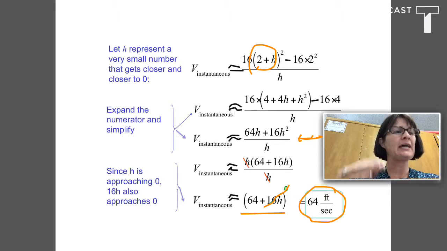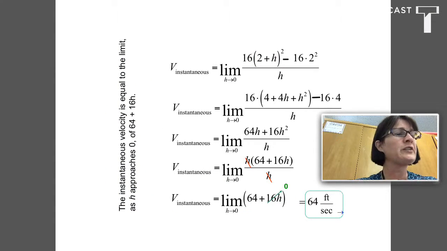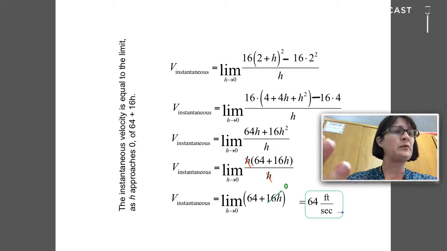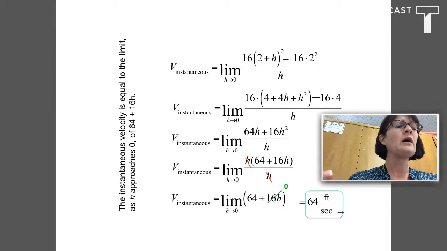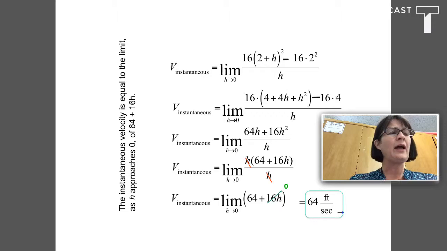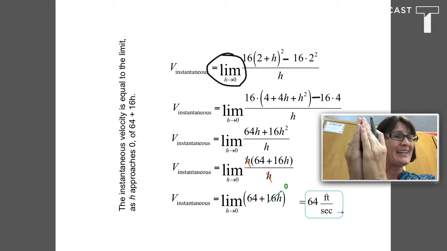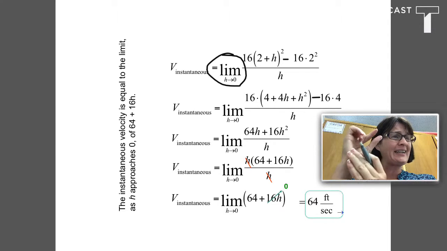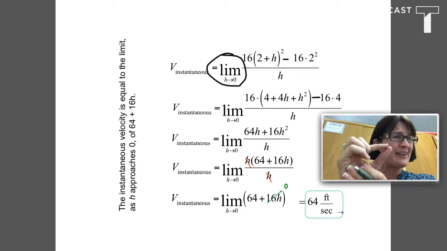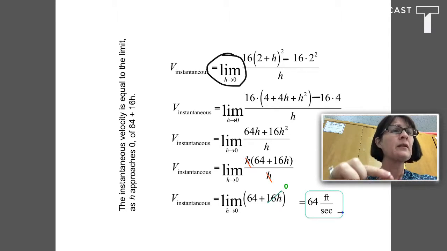I'm going to move to the next slide, and I'm going to use some new notation with it. So here you see, at least for the first time with me, maybe you've seen limit notation before, the notation for a limit. This limit notation, which I'll circle, is just a math way, an agreed upon mathematician's way of saying we're going to pretend h is a really small number and let it get smaller and smaller and smaller, so it's so close to 0 that it's practically 0 and we can just plug 0 in.